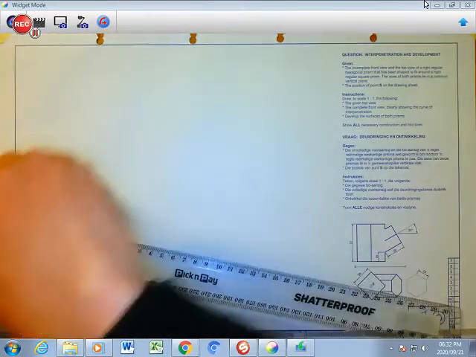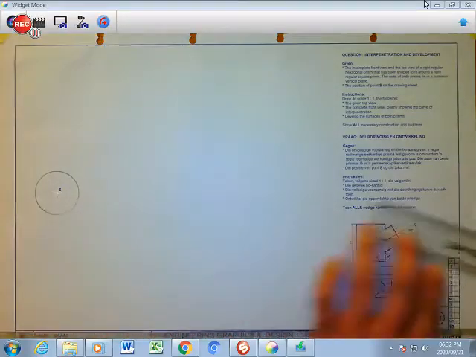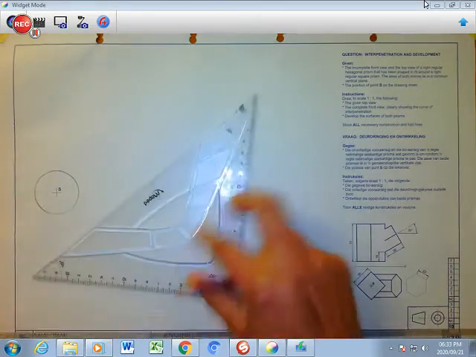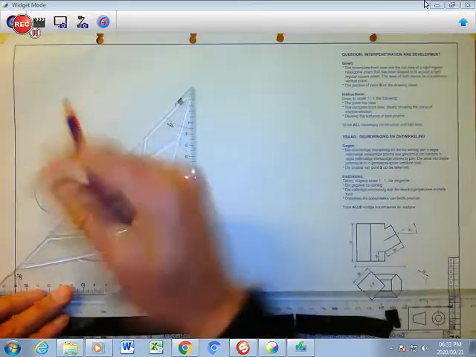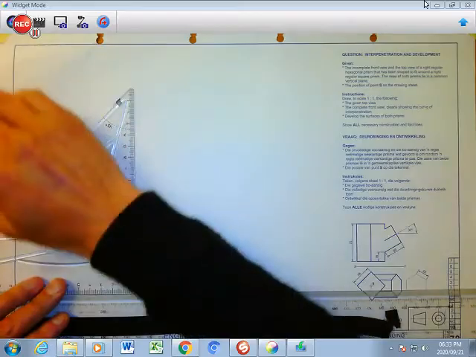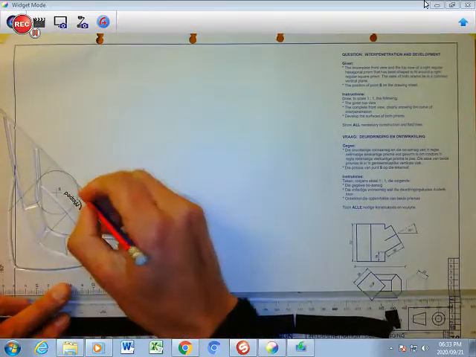Okay, there we go. You will see that it is very similar to the previous drawing, just that the difference is the angle of penetration.